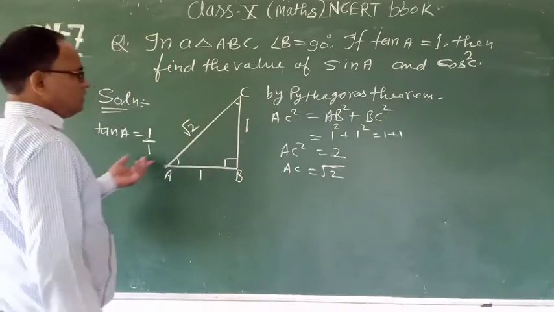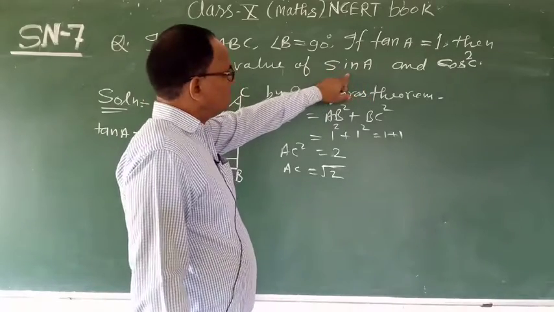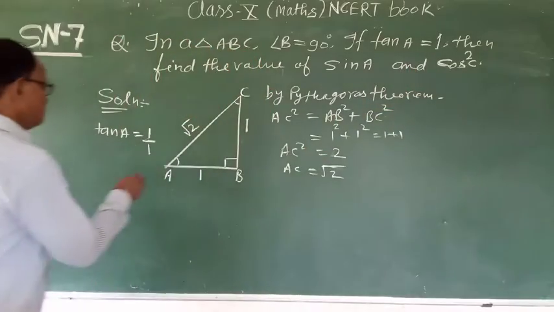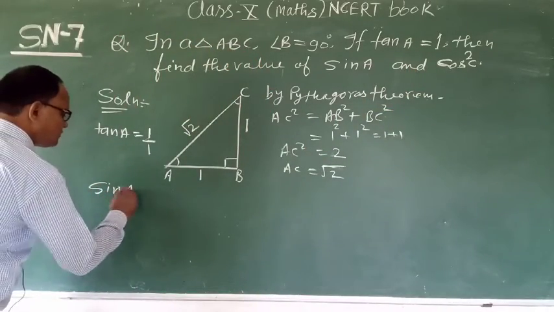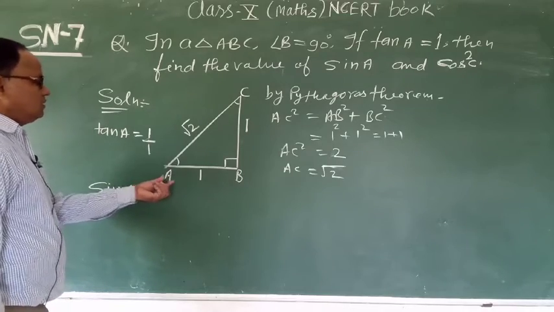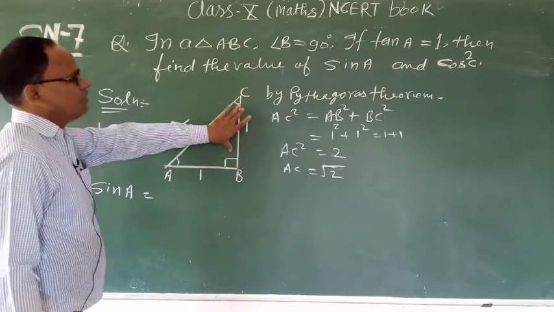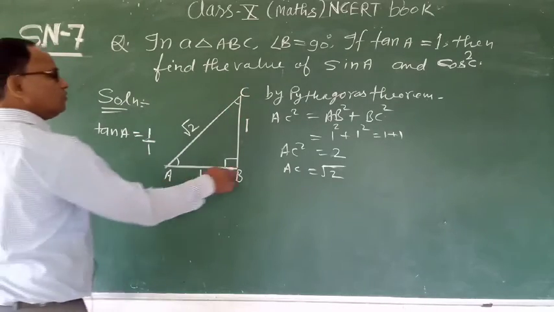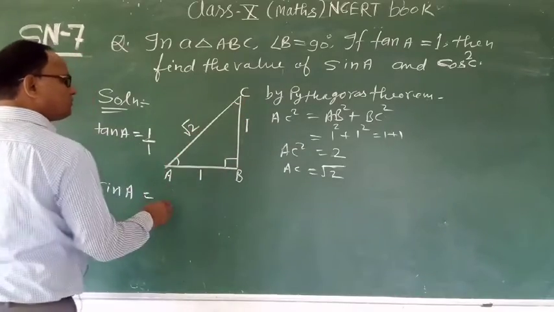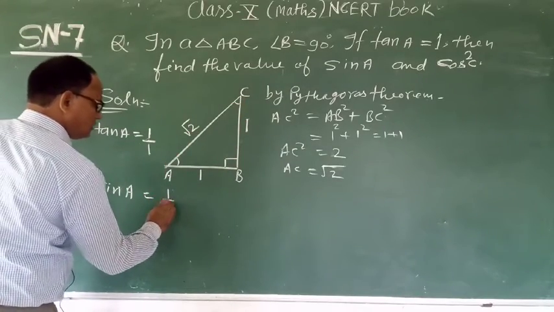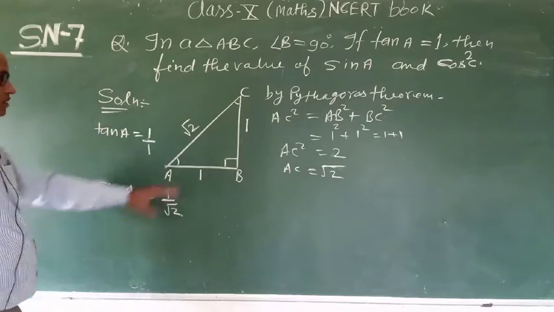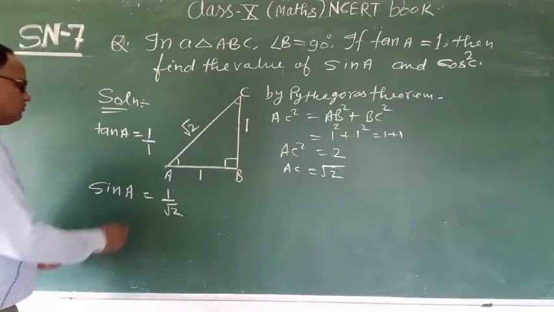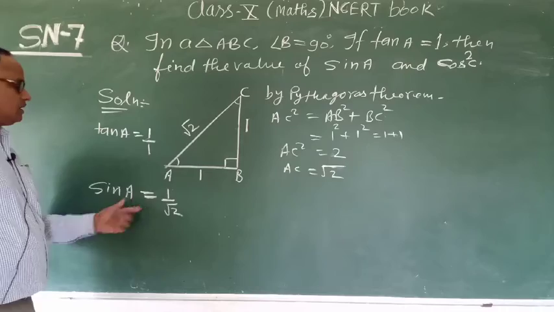Then we can find the ratio of sin A and cos square C. Here sin A is equal to perpendicular by hypotenuse, perpendicular BC by hypotenuse AC, which is 1 by root 2.